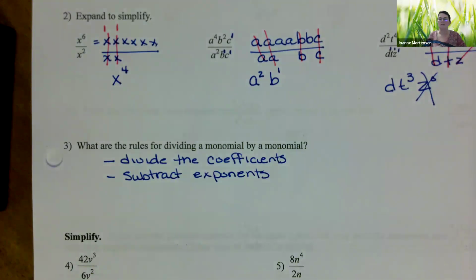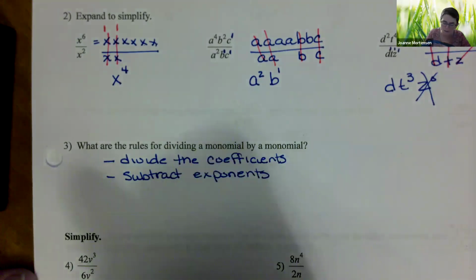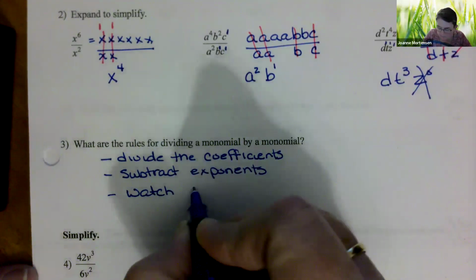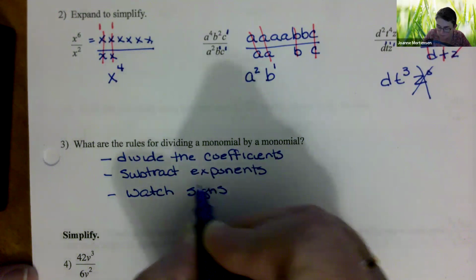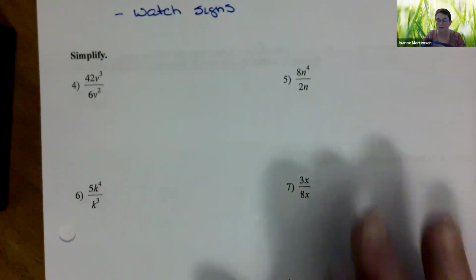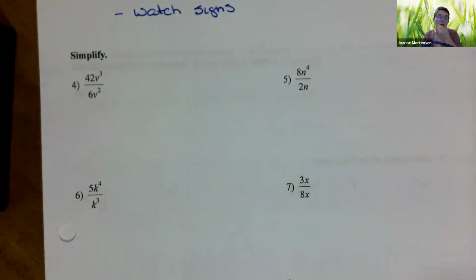And it's not really a rule, but watch the signs. Watch your signs. I'll put it down anyway. Sometimes we'll throw in a negative just to make it interesting. All right, let's take a look. Got a whole lot of options.